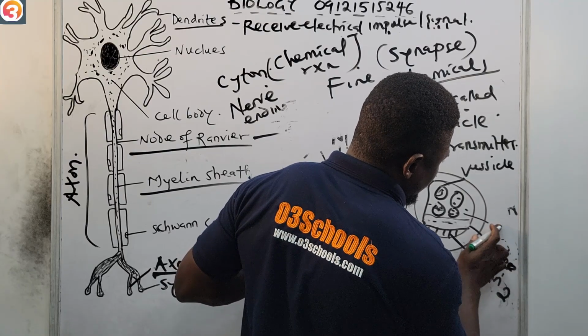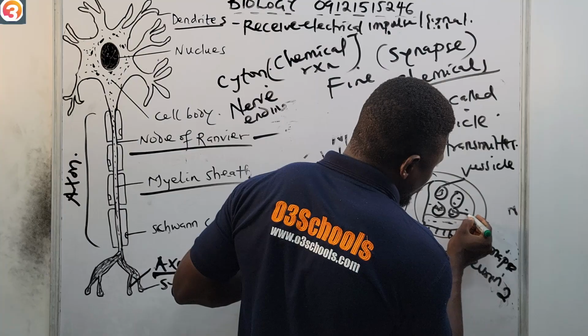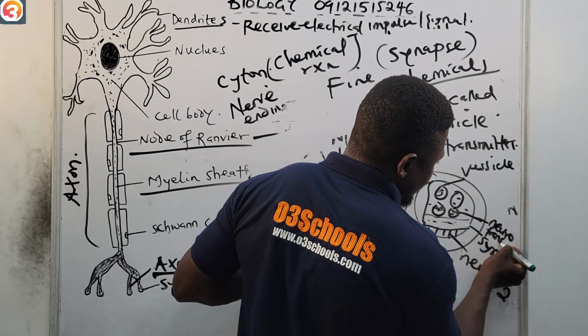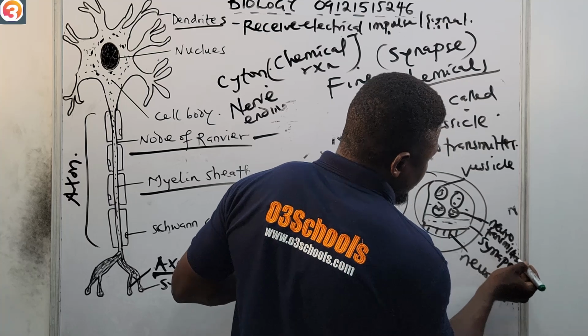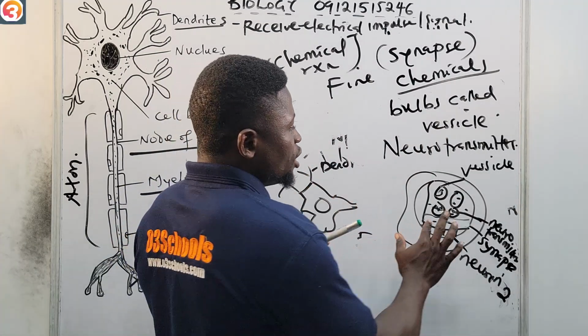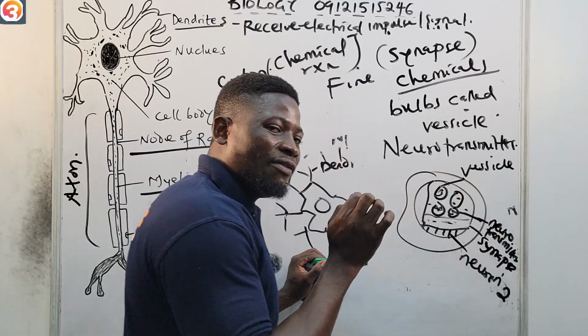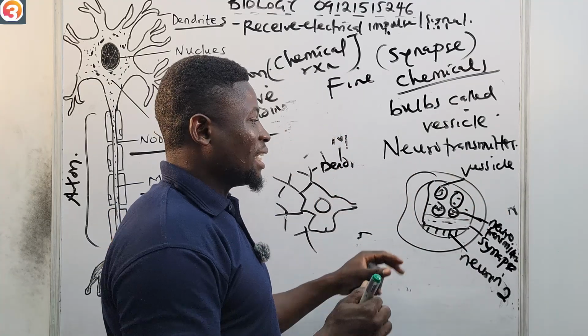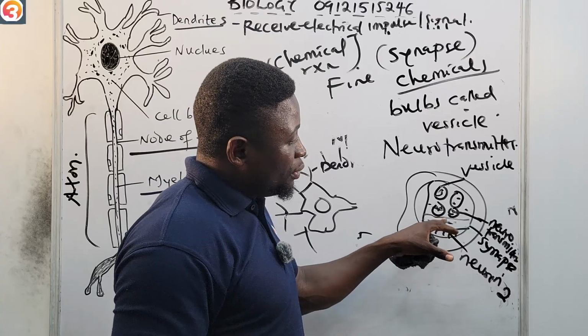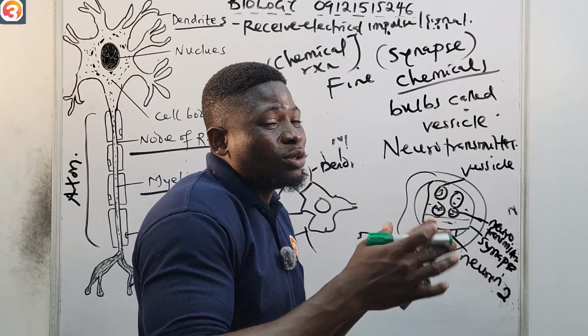Then here, inside this vesicle, we have the neurotransmitters. Please just understand what I'm trying to illustrate. It's just an illustration. So inside this vesicle, we have chemicals that are known as neurotransmitters. All of this happens just before we get to the second neuron.